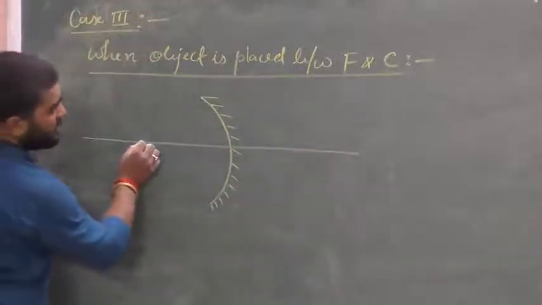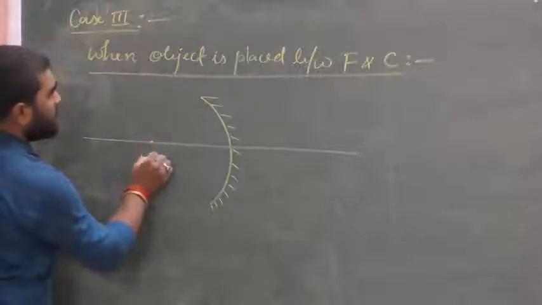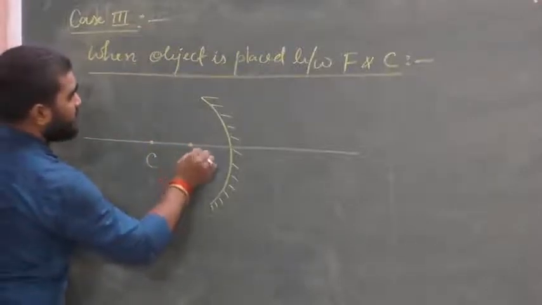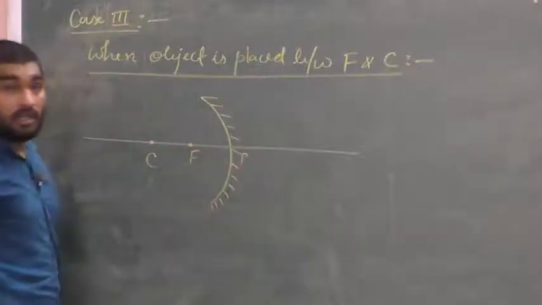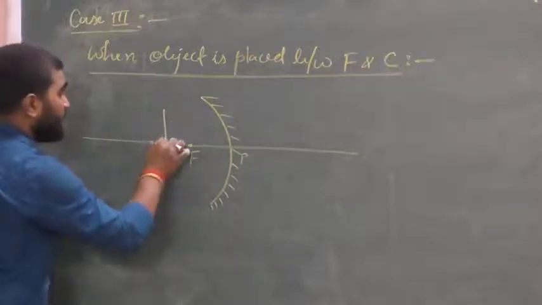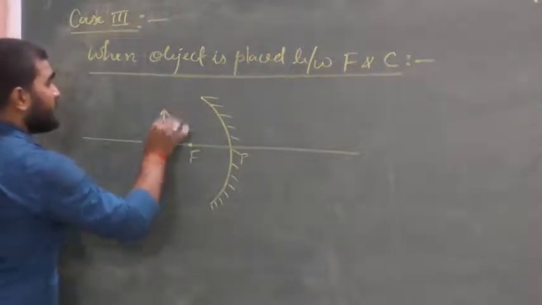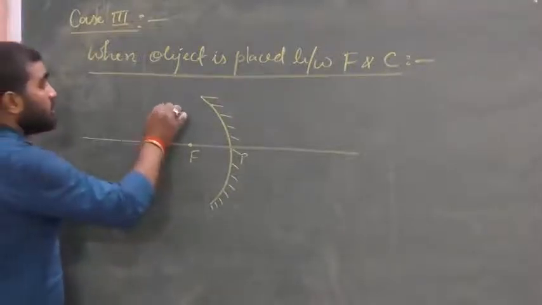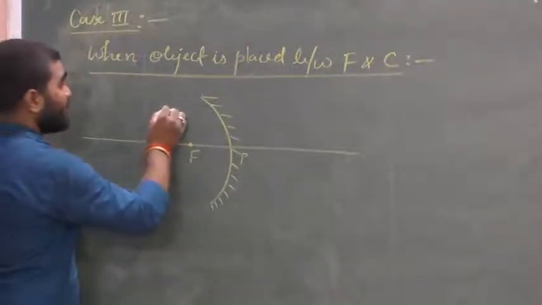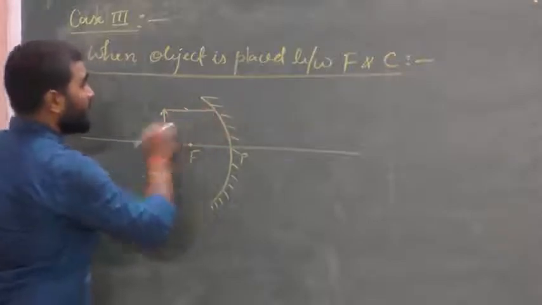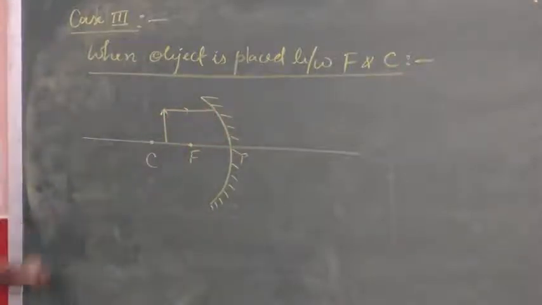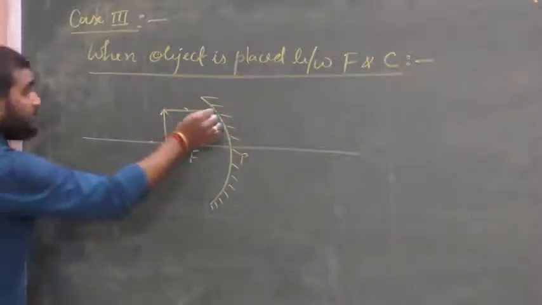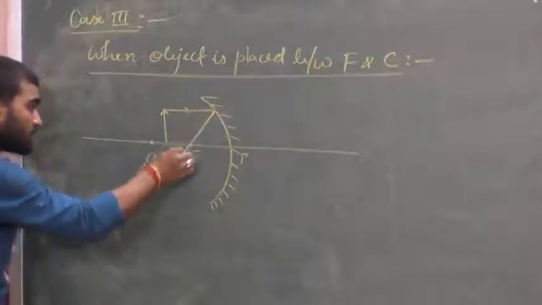Let us suppose this is the center of curvature, this is the focus, the principal focus, and this is the pole. When the object is placed between F and C, then where will the image be formed? In this case also, we will use two rules of image formation. In the first rule, when a ray of light falls parallel to the principal axis, it will reflect back from the focus.